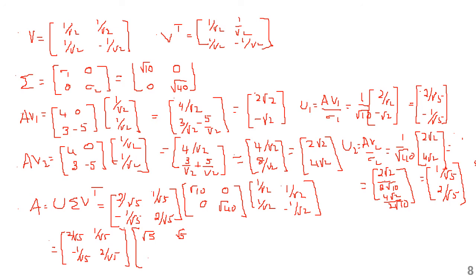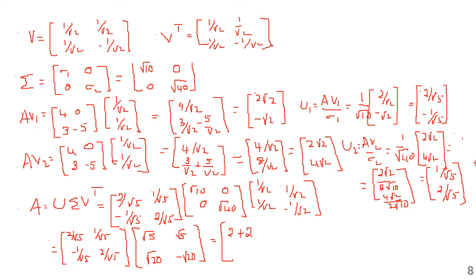Root 40 means 2 into 20, so I will get root 20, and this is minus root 20. When I simplify it further, it is 2 and 1 divided by root 5 multiplied by root 20. So it is 4 into root 5, so I get 2.